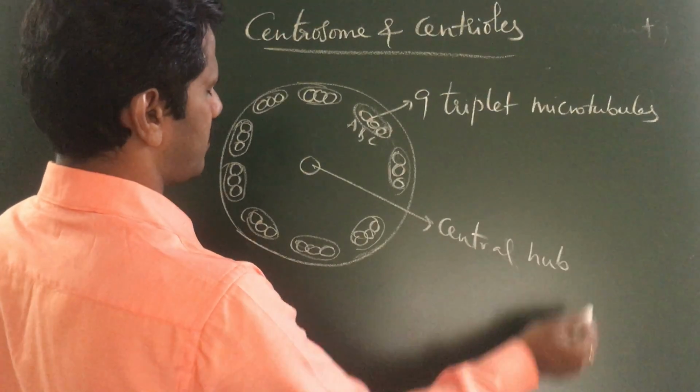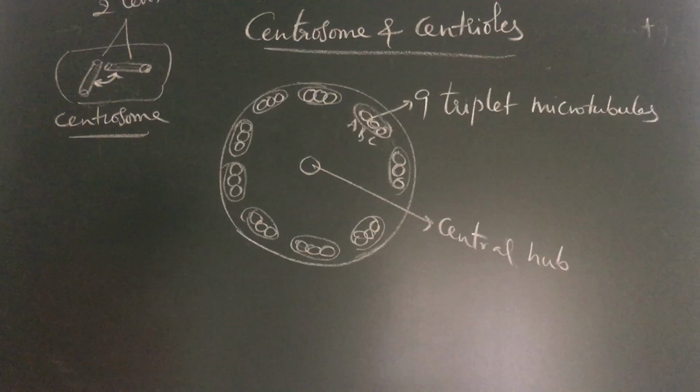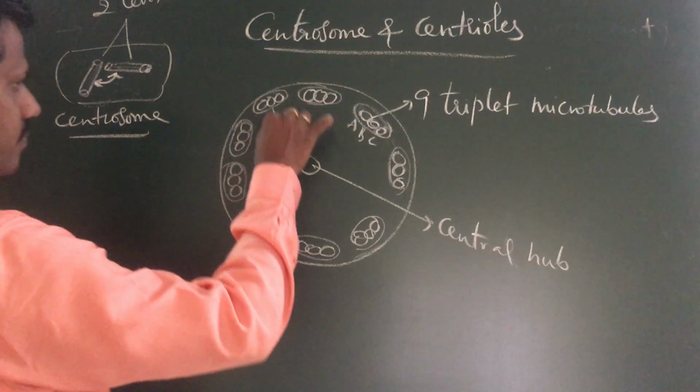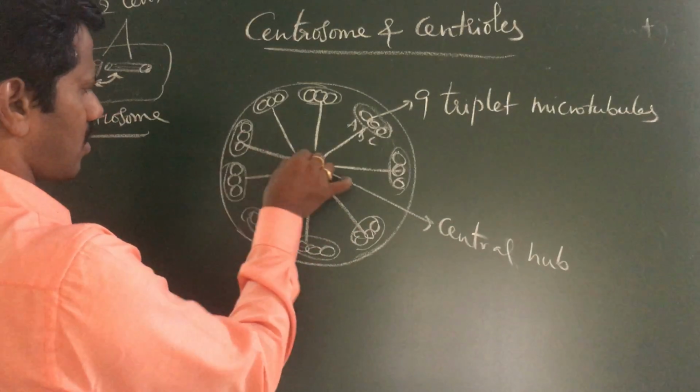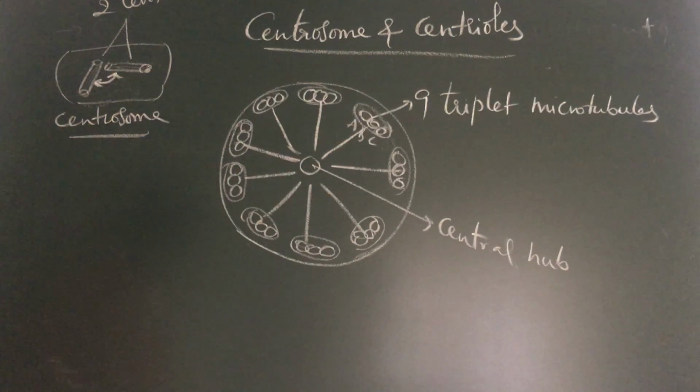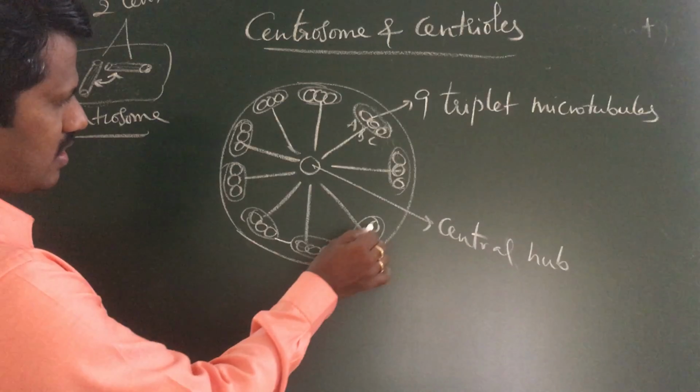Just like in cilia and flagella, here also the triplets are interconnected by spokes to the center. They are also interlinked with linkers.